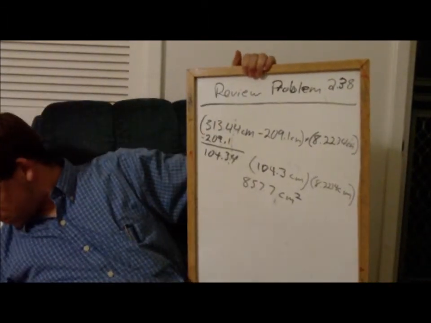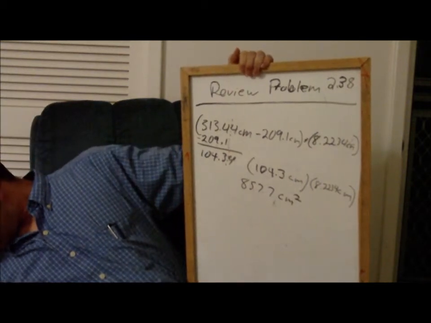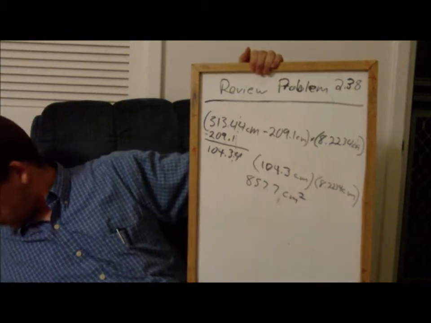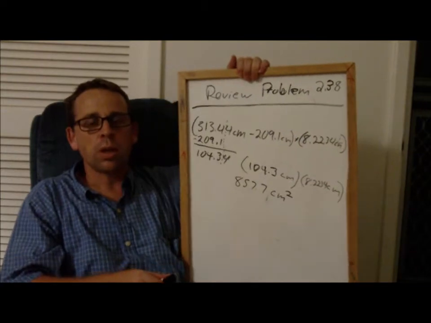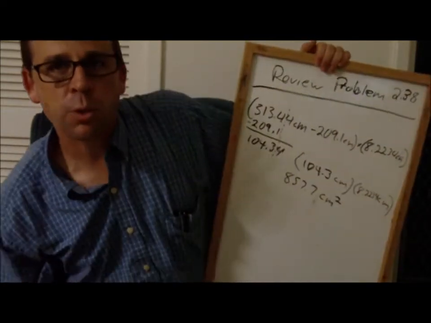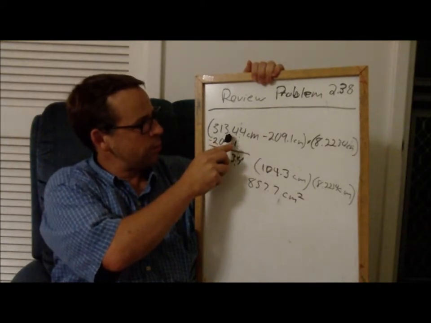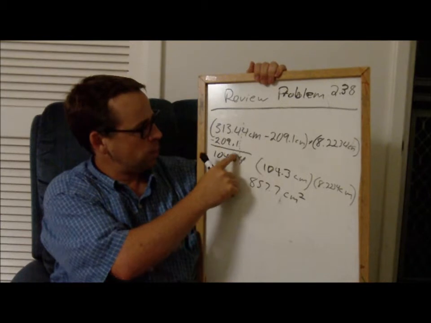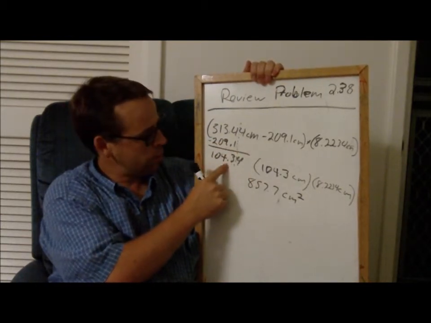Alright, so let's finish up this problem here. We finish up 238. We see that we took 313.44 minus 209.1. The answer was 104.34, but we were limited to only 1 digit beyond the decimal point, so it's 104.3.